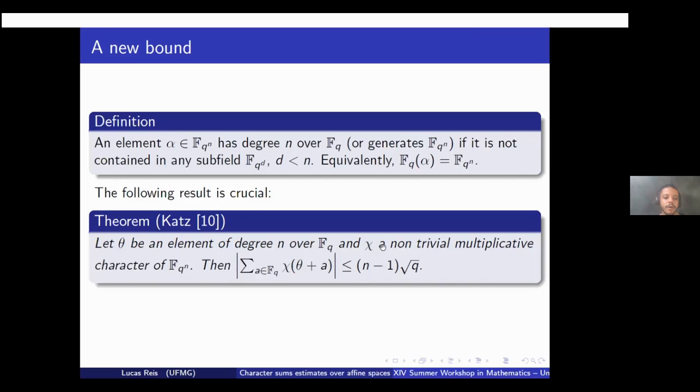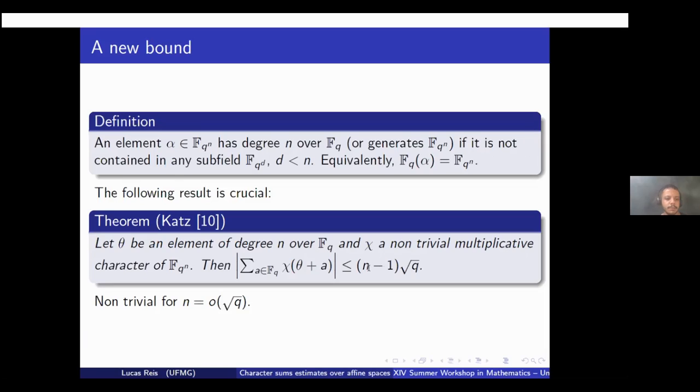And so chi is non-trivial, eta is an element of degree n, and so we have this bound: if I sum the character over the F_q translates of eta, this is always at most (n-1) times the square root of q. So in particular, this bound is non-trivial if n is little-o of the square root of q, right? So essentially, this result is interesting if we are moving q and n to infinity, and whenever n is little-o of the square root of q, this is non-trivial.